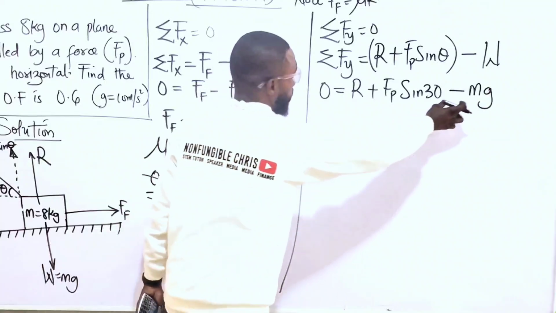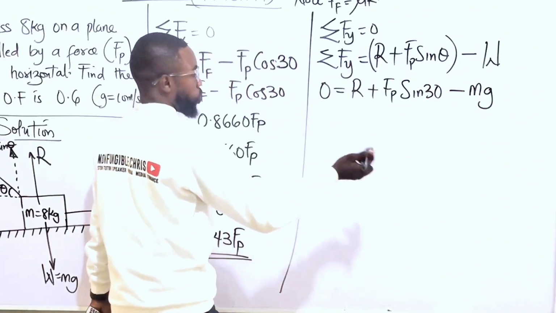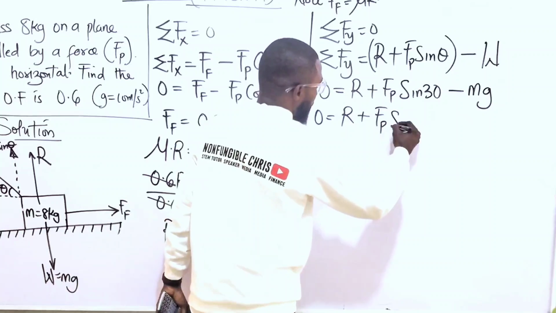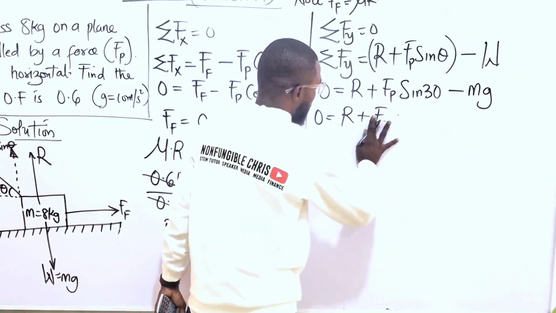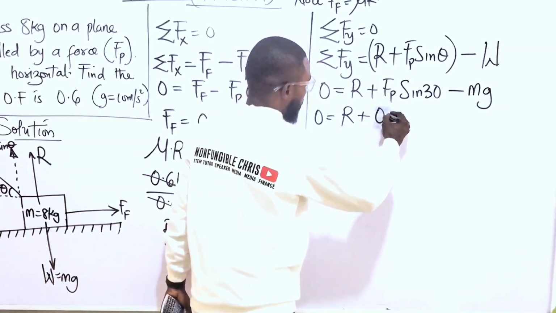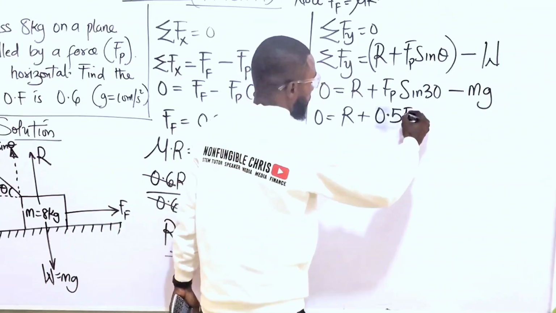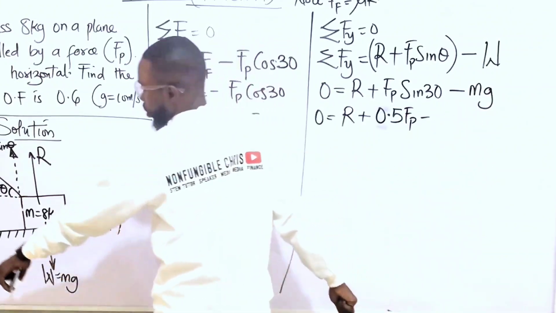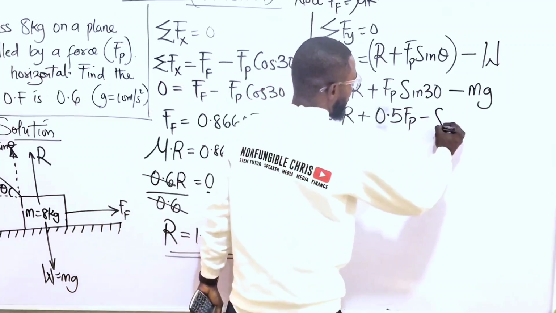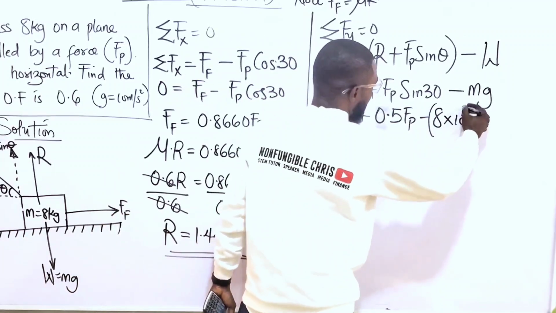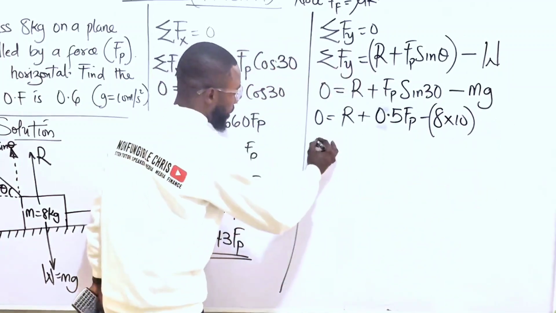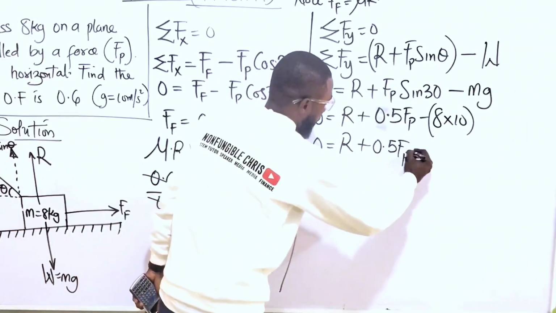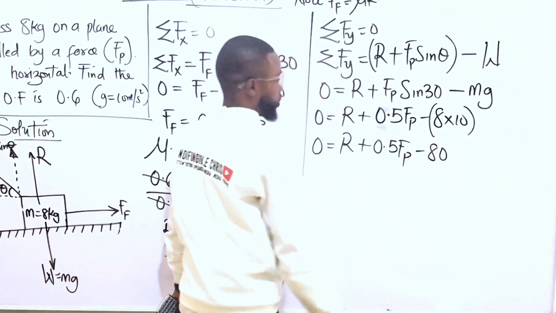So we can bring mg out, depending on what you want. Or we can say 0 is equal to R plus Fp sin 30, which gives us 0.5 Fp, minus the mass, which is given as 8 kilogram. So we have 8 times 10, that should be 80. So 0 is equal to R plus 0.5 Fp minus 80.